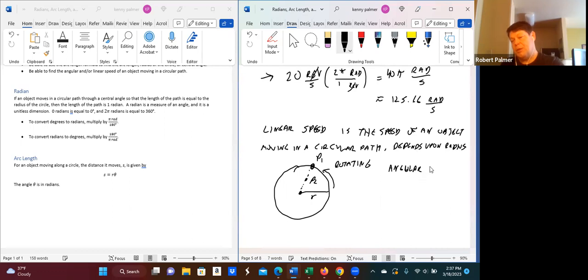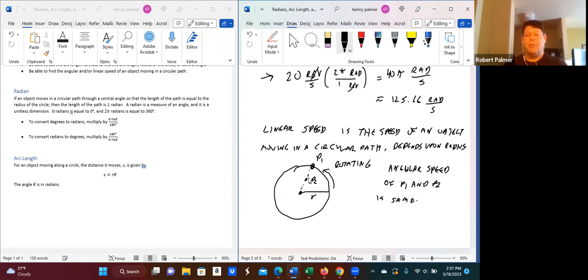So the angular speed of P1 and P2 is the same.